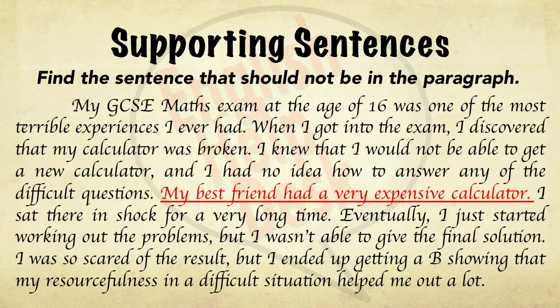All the other sentences explain why that particular exam was so terrible, but this sentence here, my best friend had a very expensive calculator, first of all, it's not about the writer, and having an expensive calculator doesn't describe a terrible experience during an exam. This sentence does not belong in the paragraph. We should not include this sentence.